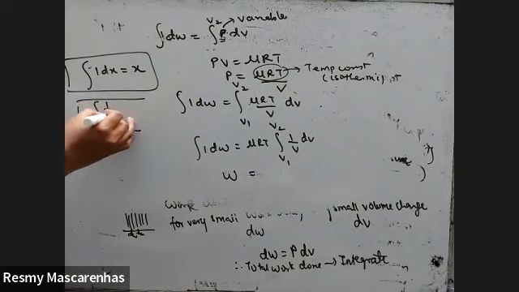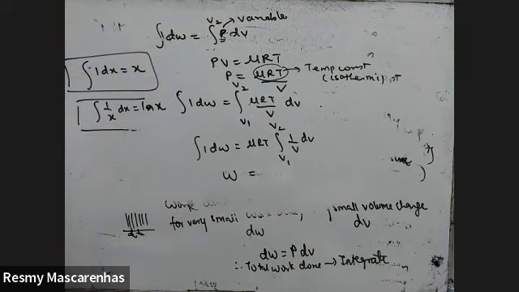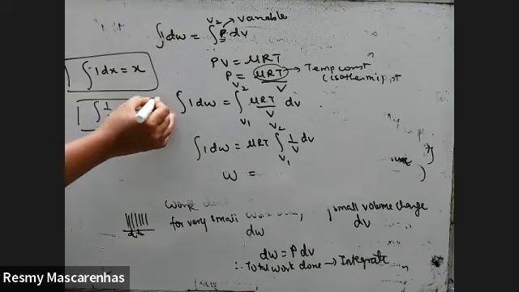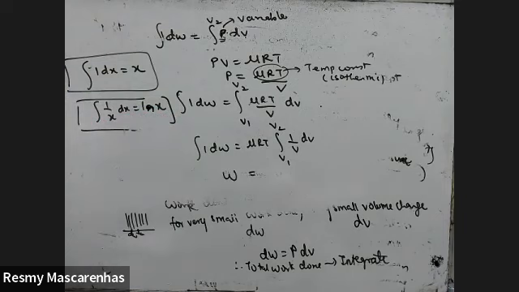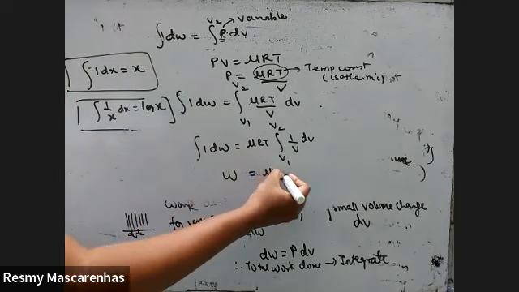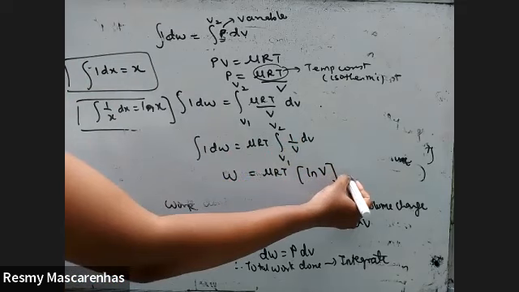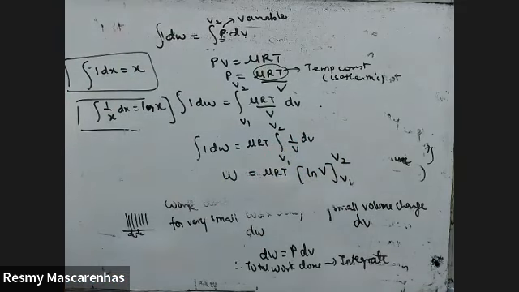Integral of 1 by x is always log x, or ln of x, the natural log. So mu RT, this is 1 by V, so it will be ln of V from V1 to V2.